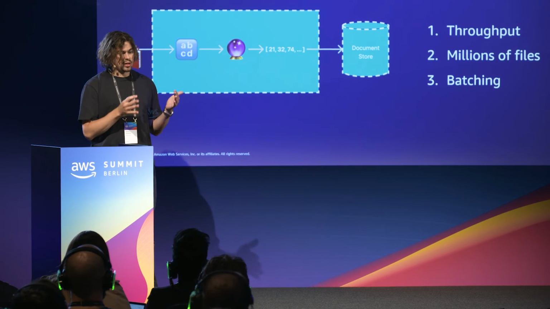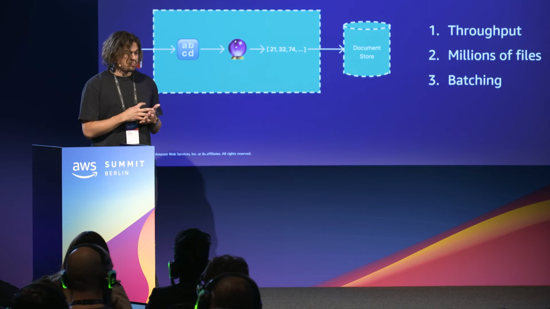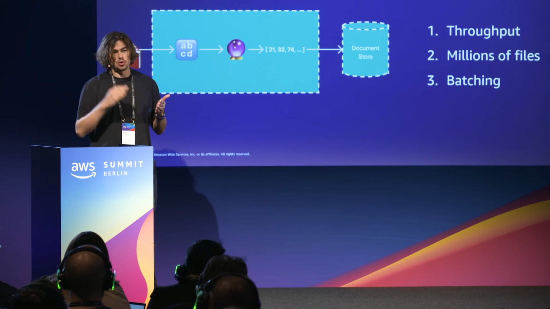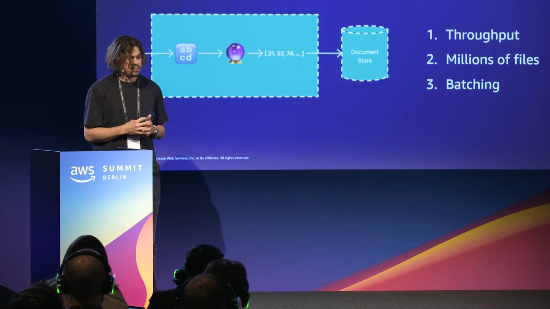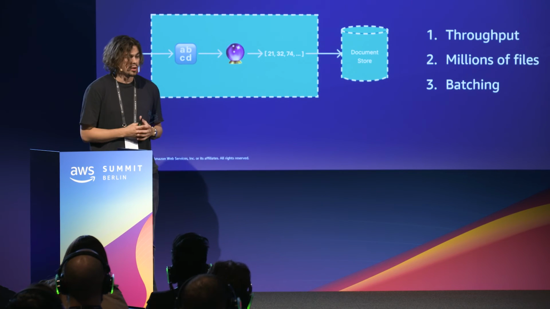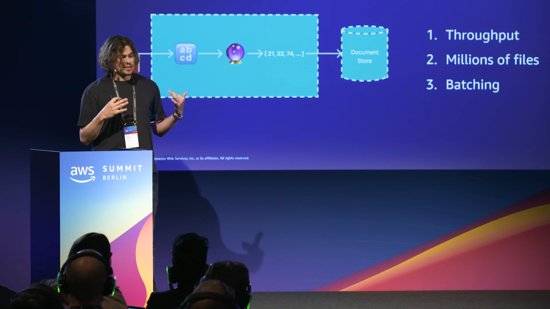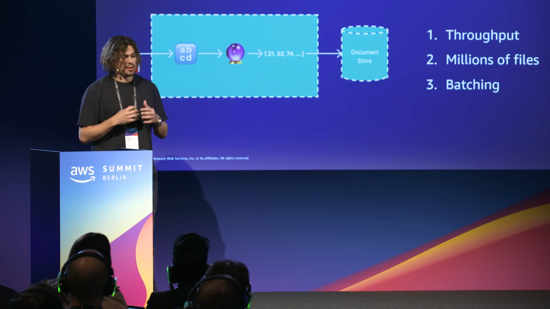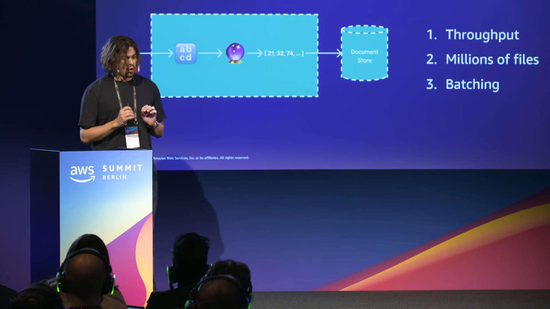If we are talking about millions of files, you're not going to be waiting for each particular file to end up there. You're rather going to be uploading thousands of them and expecting them to appear in the system within 1 hour or so. That means that we are very sensitive to our throughput here and not that much to the response time of the system. That makes this use case perfect for batching.